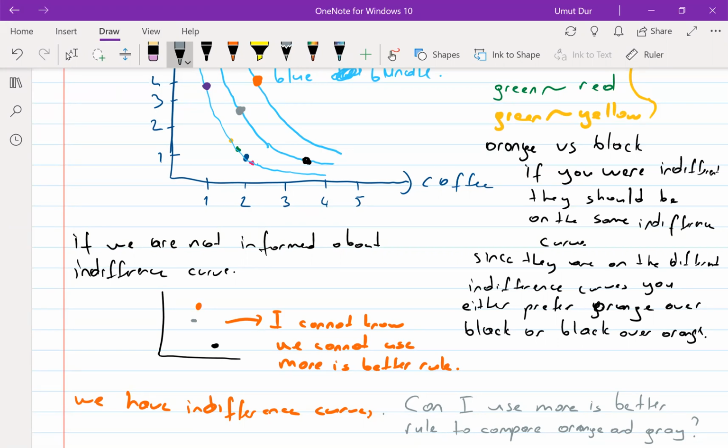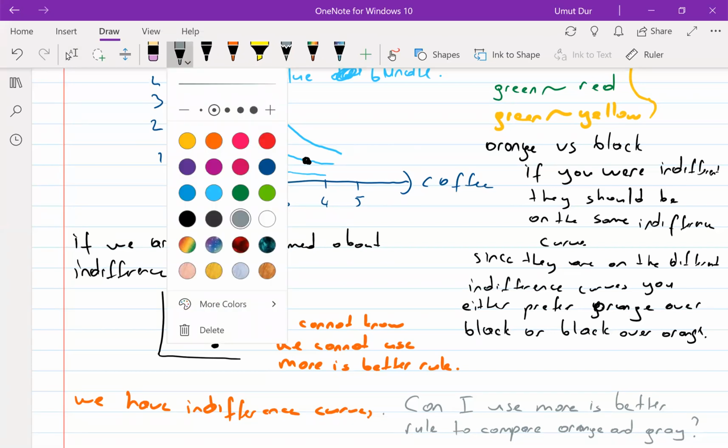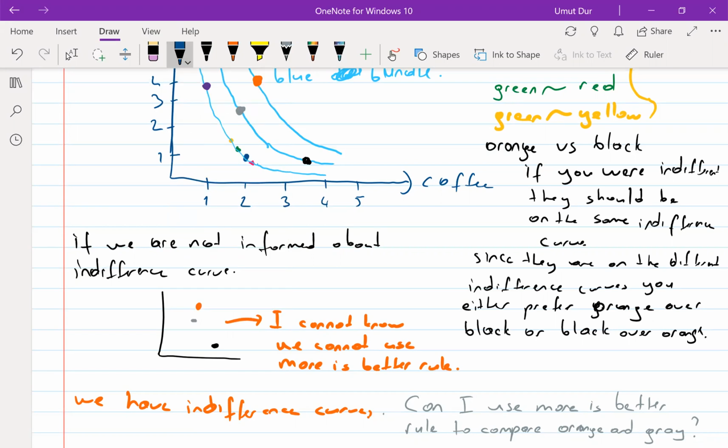As you can see here, if you go from this direction, orange has more coffee than gray has, and has more tea than gray has.